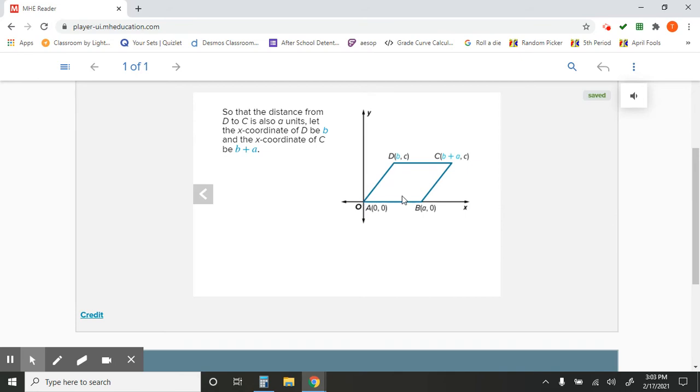And we're going to call the distance over b, and we're going to call this distance over b plus a. Because remember, a is this entire distance here, and we want them to be congruent. So this distance has to be a, and we're calling this extra one here b.